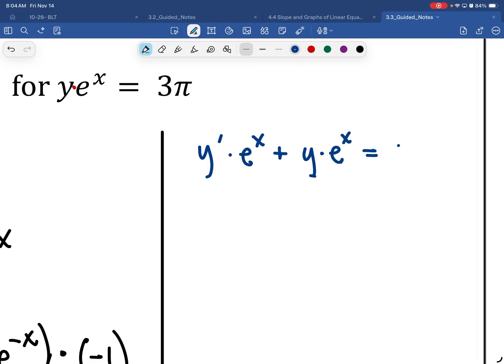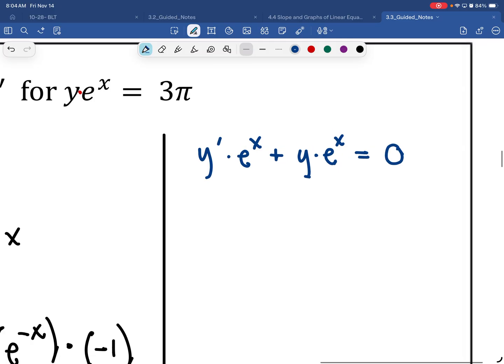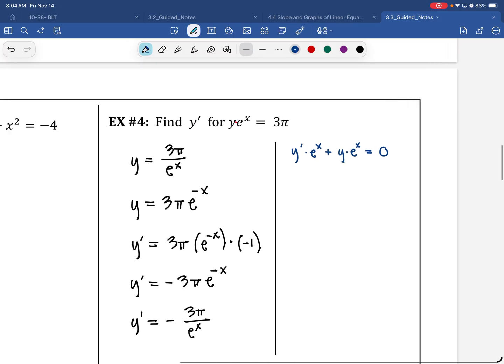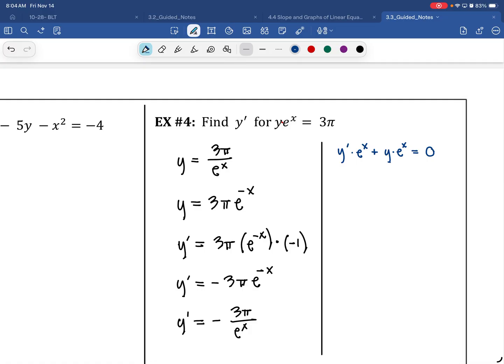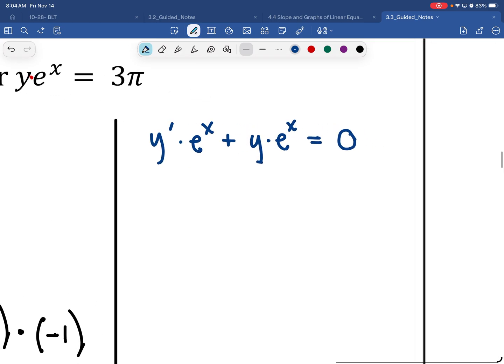The derivative of 3 pi is 0. Am I going to get the same answer? This is going to be awesome. You're going to love this.